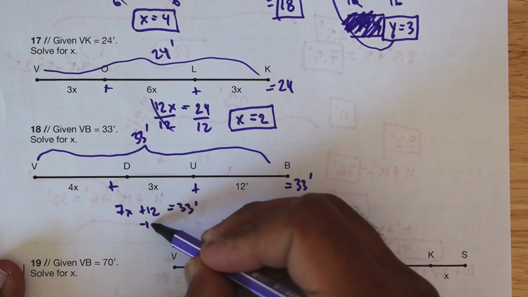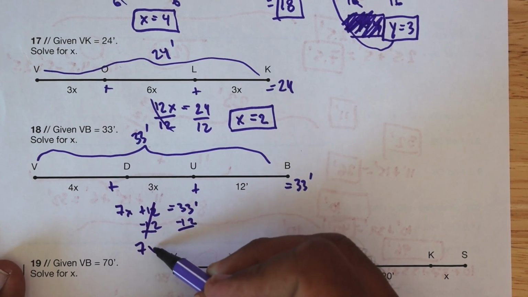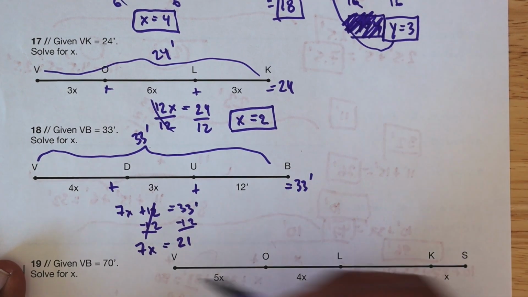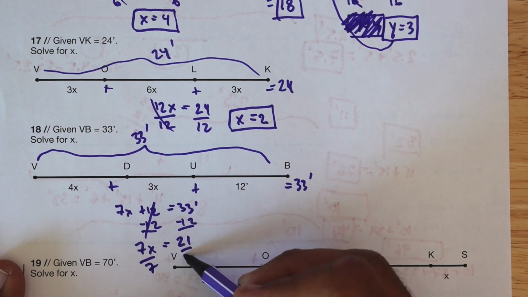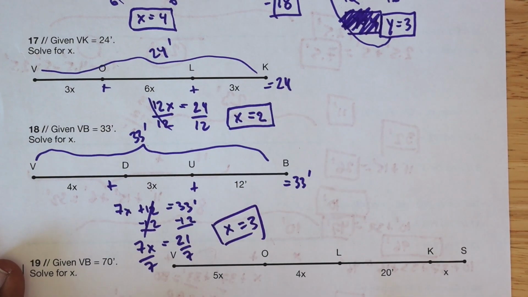To get the x by itself, I'm going to subtract 12. I get 7x equals 21. Divide by 7 on both sides to finish this off. X equals 3.